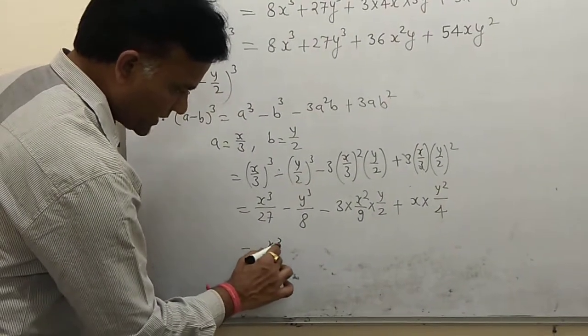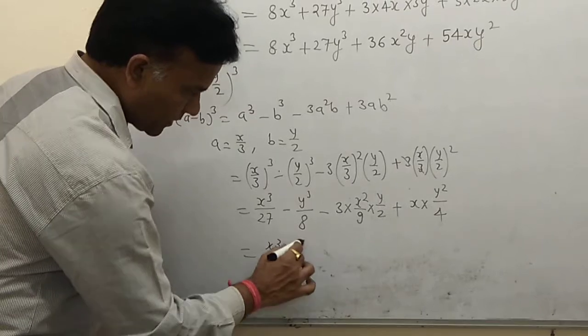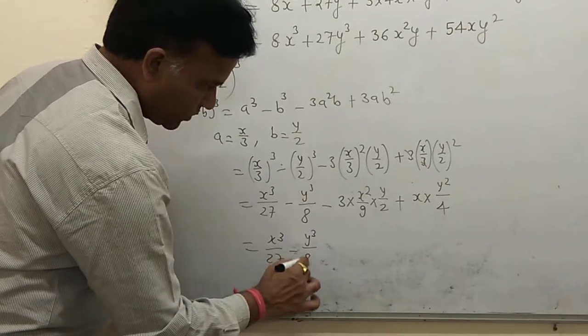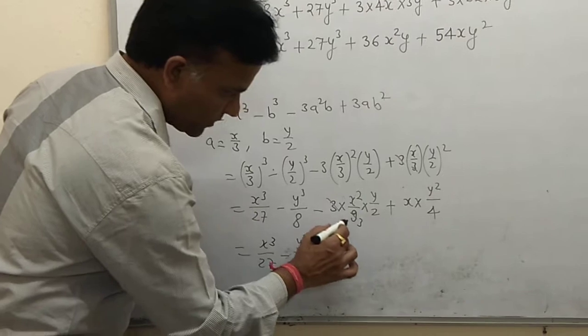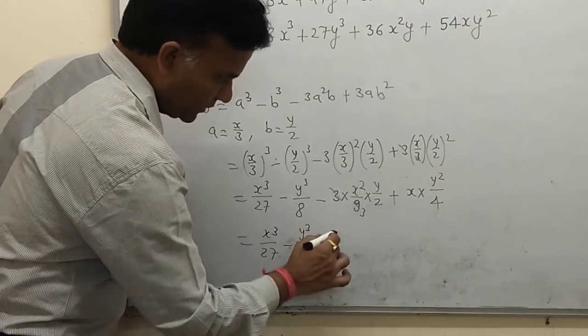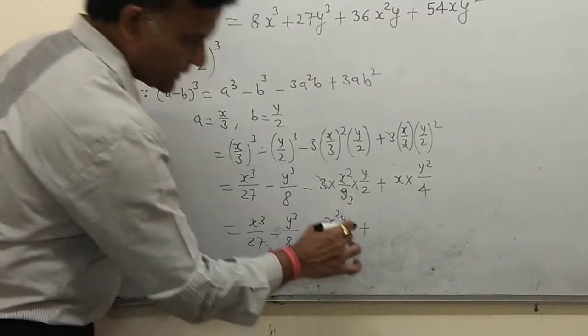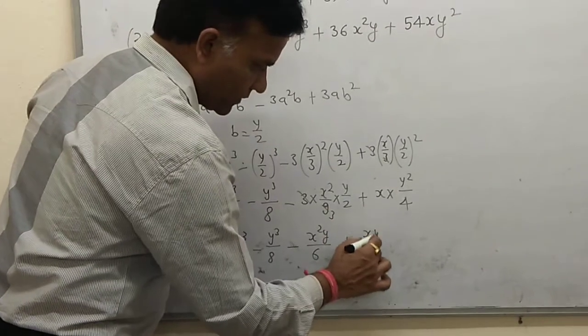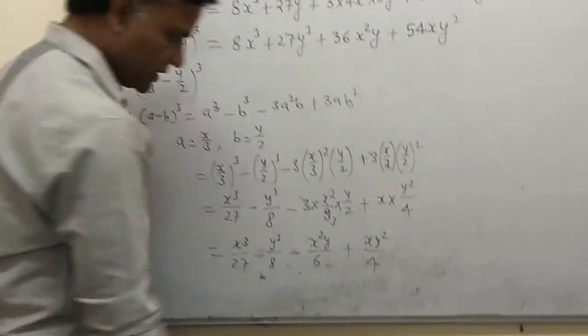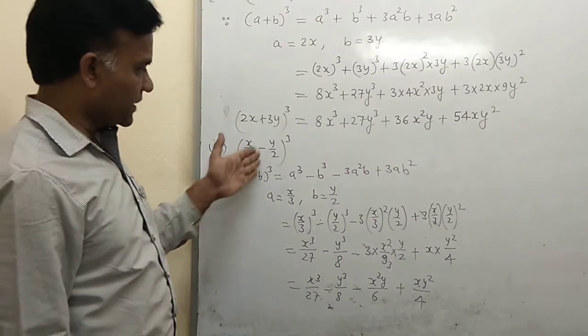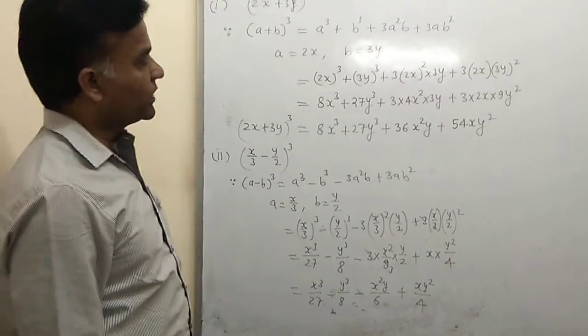X³/27, the first term, minus y³/8, you put as it is. 3 threes are 9, you simplify first and then write down: numerator x²y, denominator 6, plus xy²/4. So this is the expansion of (x/3 − y/2) whole cube.